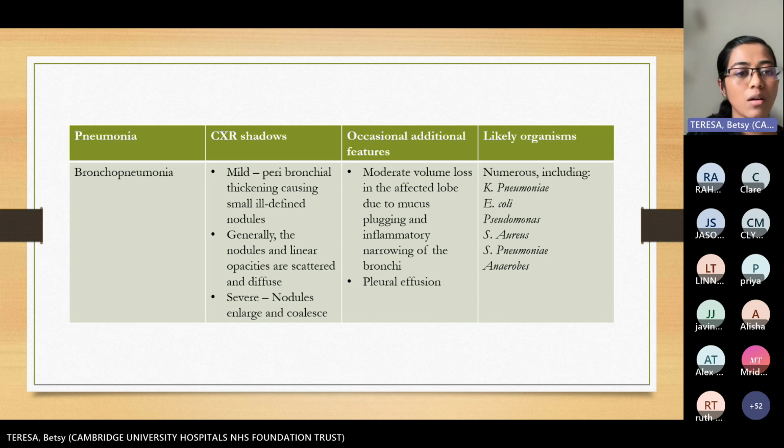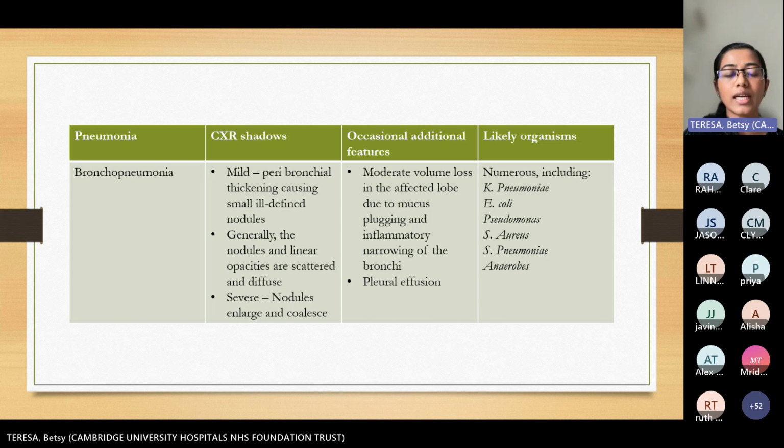Occasionally, you can see pleural effusions and even moderate volume loss in the affected lobe. That's mainly due to mucus plugging and inflammatory narrowing of the bronchi, which causes collapse of that lobe, leading to some volume loss. The likely organisms that cause bronchopneumonia include Klebsiella pneumonia, E. coli, Pseudomonas, staph, strep, and a lot of anaerobes.